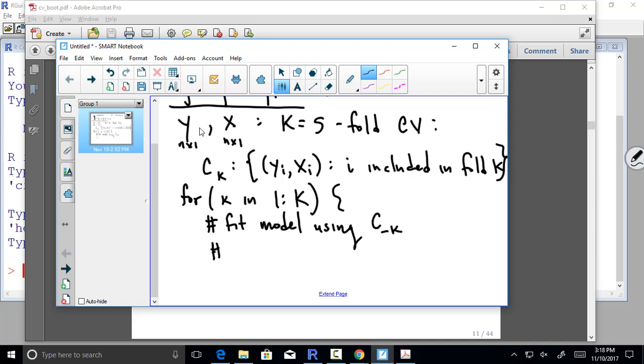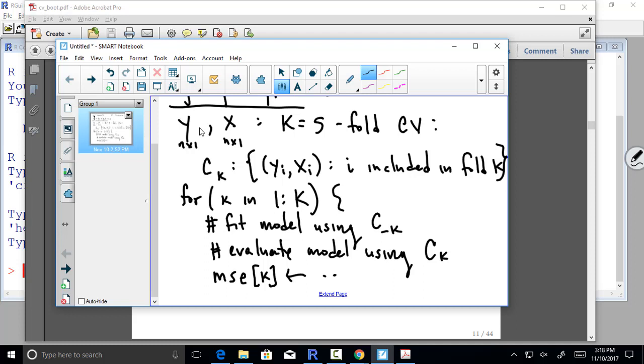And we would evaluate the model using the 1 over K that is the current test set. And we would store the MSE_k, the mean squared error that we would get by applying the currently fit model to the current testing data.